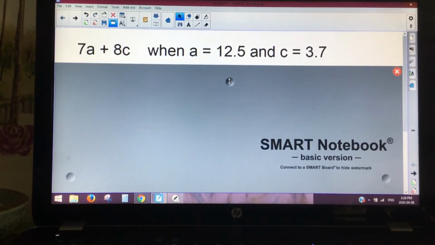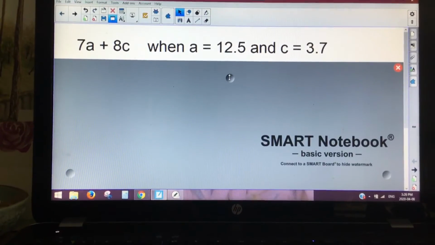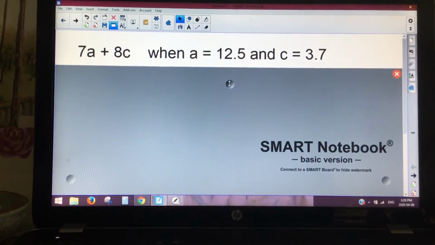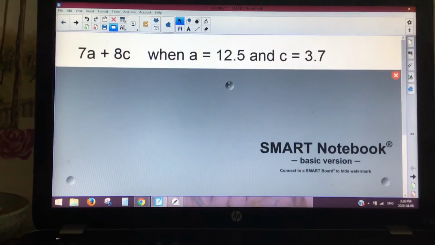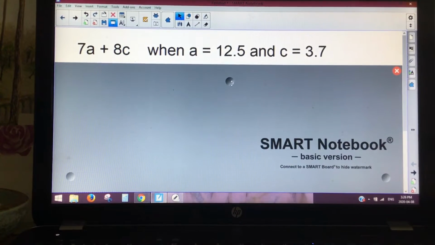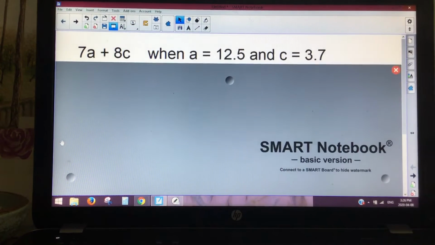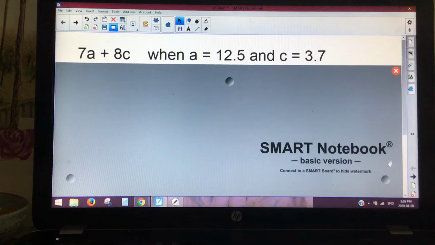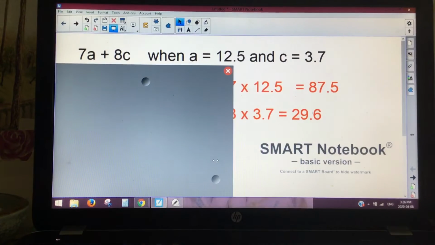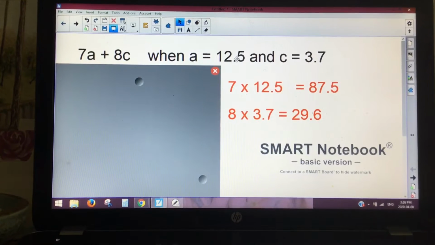Okay, so 7a plus 8c when a is equal to 12.5 and c is worth 3.7. The question would be to calculate that. First thing we would do, 7 times a is 12.5.